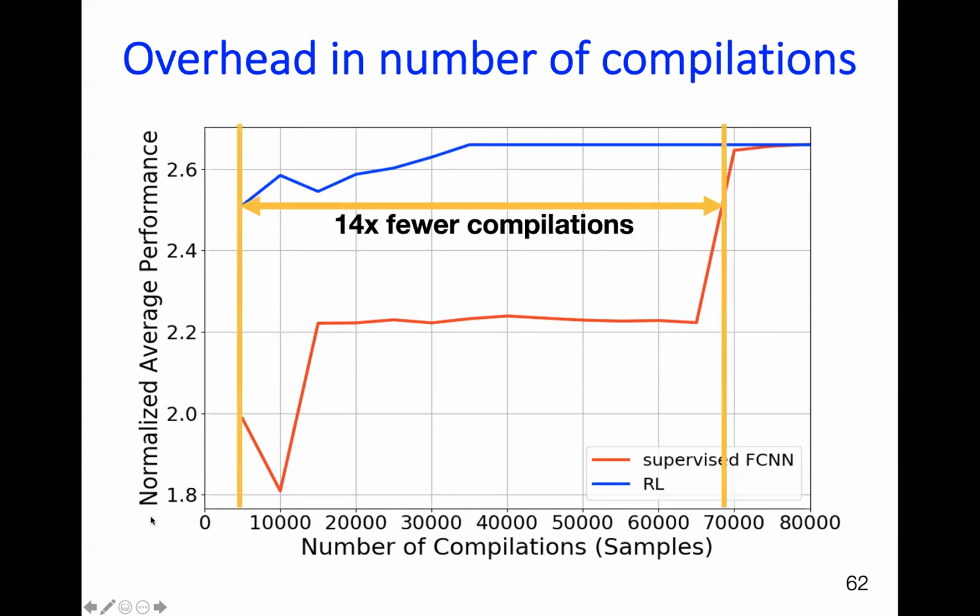As you can see, for vectorization alone, on a very simple vector size machine, we were able to get 14x fewer compilations with deep-RL. And actually with more possibilities of vectorization and unrolling, this overhead actually multiplies.